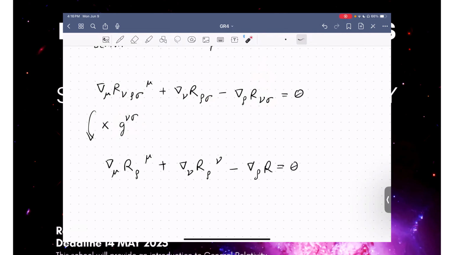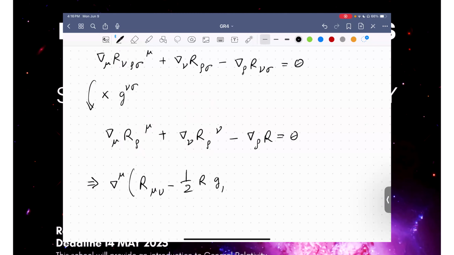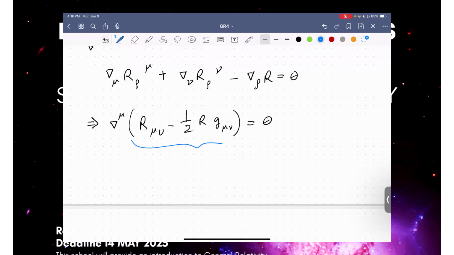These two are the same term, basically. You have two indices contracted and one free index, which is rho. So in other words, you can define this tensor, which is always going to be divergenceless.